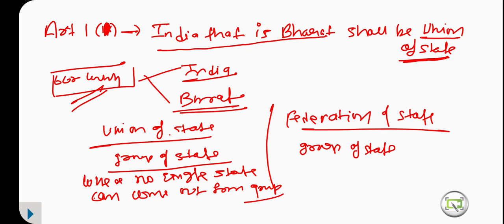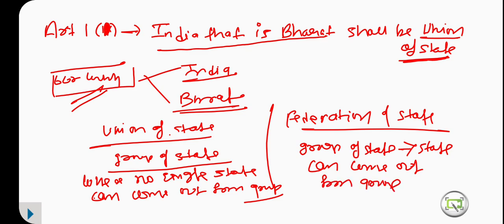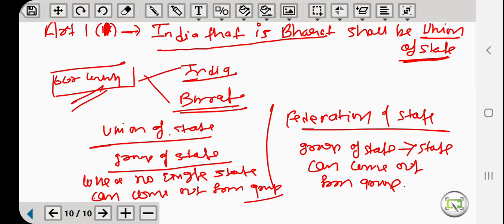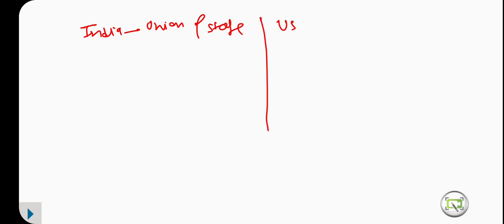In simple words, what is the Union of States? Union of States means a group of states where no single state can come out from the group.